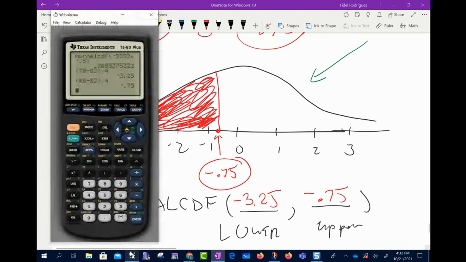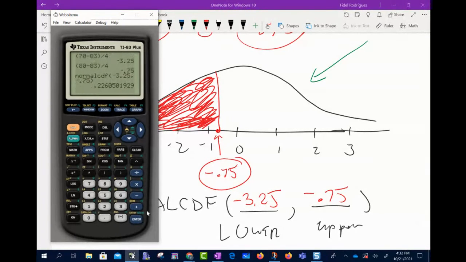But once I see it, then I'm able to say, okay, let's come back. Let's take our calculator. We're going to go second VARS, to normal CDF. Our lower limit is negative 3.25, comma, and our upper limit is negative 0.75.